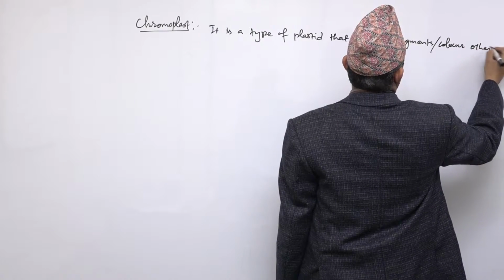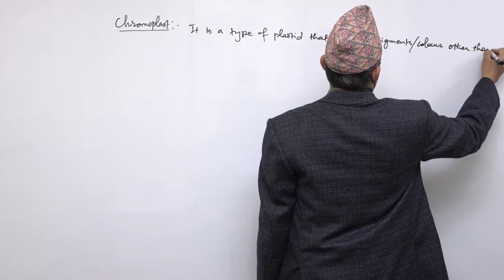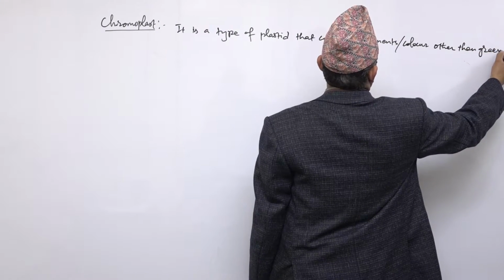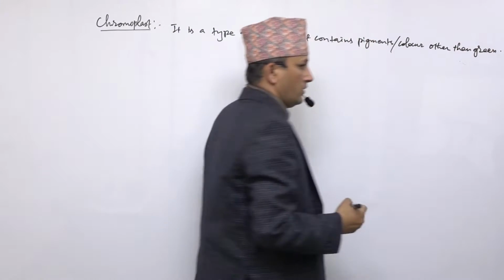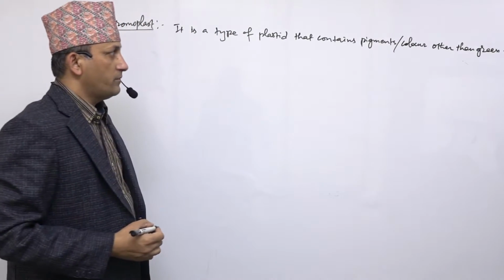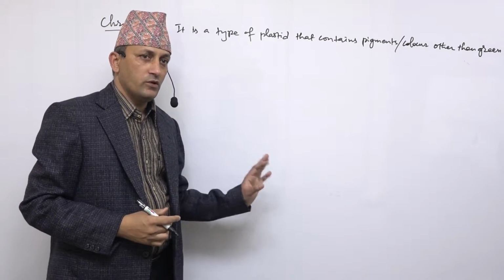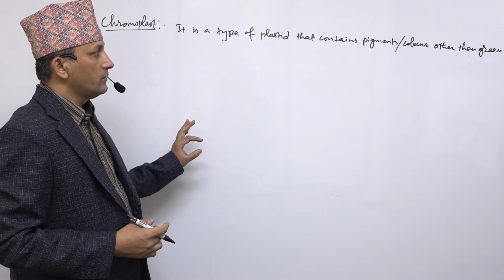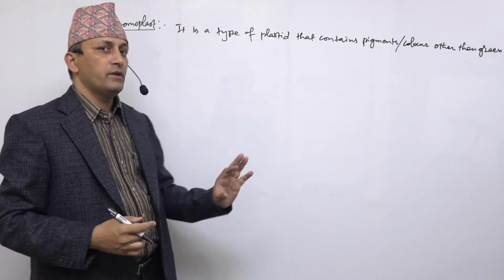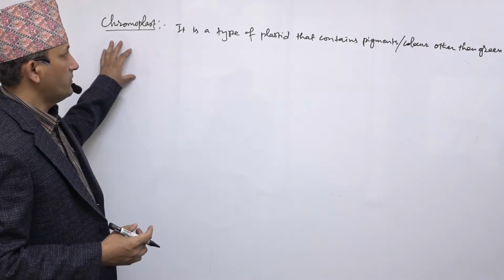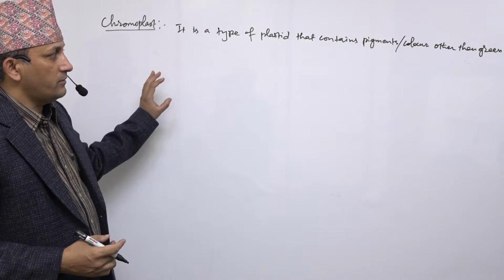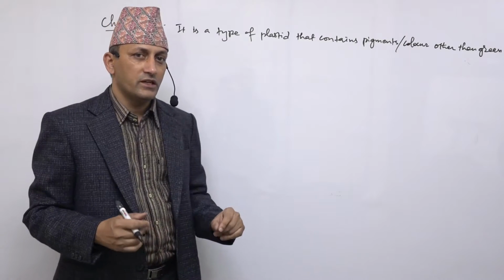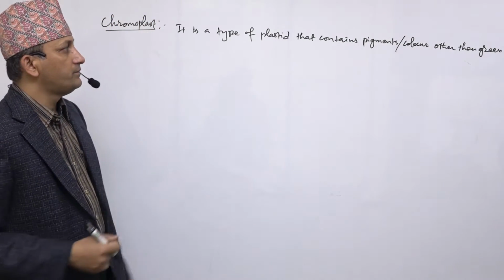Other than green. If the green pigment is found inside a plastid, then the plastid becomes chloroplast. If other types of pigments other than green are found inside the plastid, then this plastid is called chromoplast. So chromoplast is a type of plastid where different types of pigments are found except green.